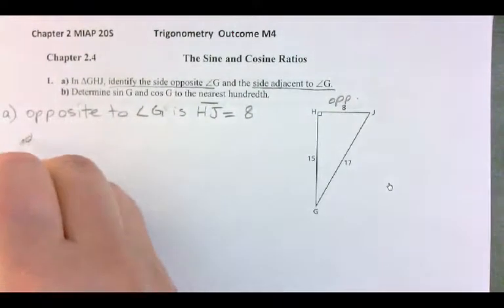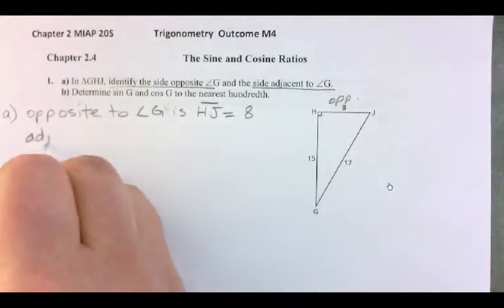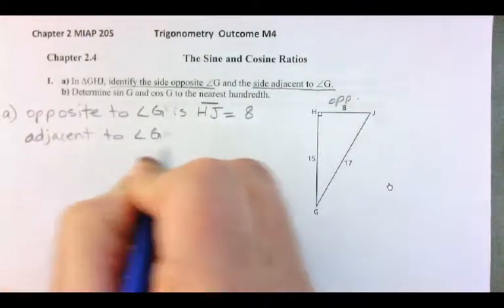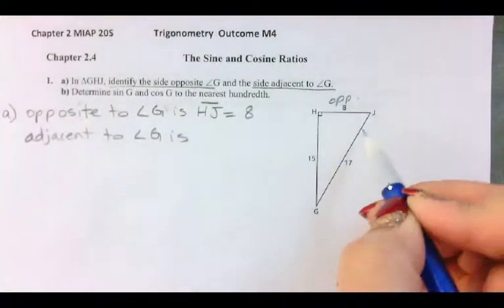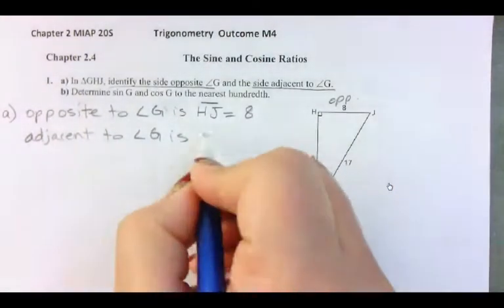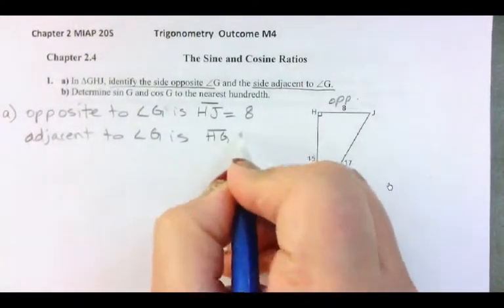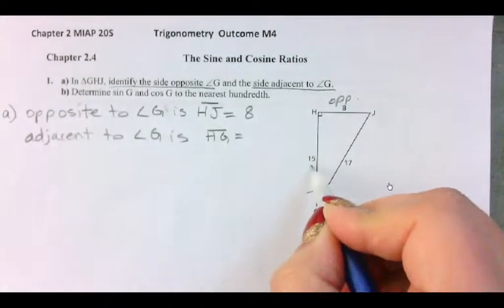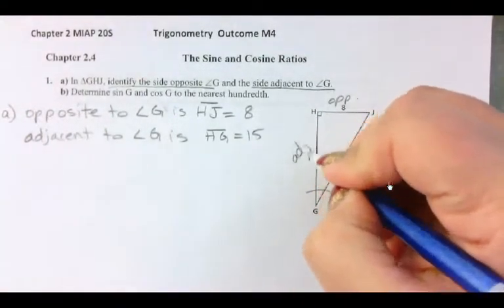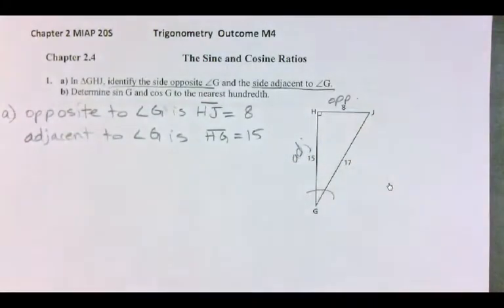And now the adjacent side to angle G is HG. And its value is 15. So this is the adjacent side.